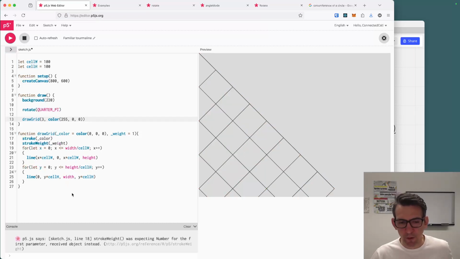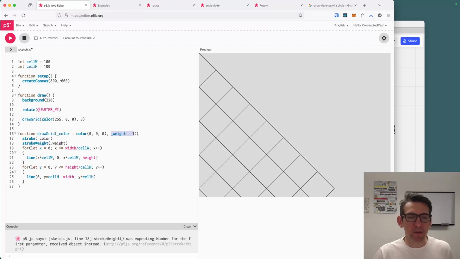It just reverts back, and it says stroke weight expected a number but received an object which specifies the color. So it's like, I don't know what you're doing, I'm just going to use defaults, right? So it's the position, the first value versus the second value, that will specify how that value is going to be applied, whether it's going to be applied as the color or as the weight.